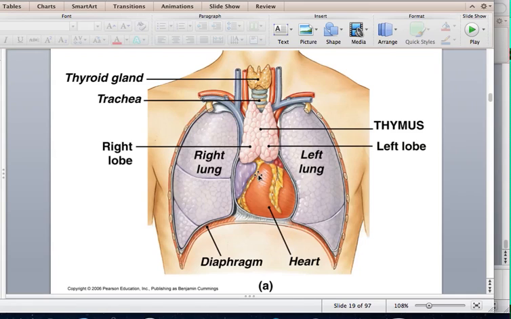But that's just a minor point. You don't need to worry about the mediastinum. You'll learn about that later if you need to. But there's where the thymus is, and it has a couple of lobes. There you go. So please note that thymus is different than thyroid. Okay, two different glands.